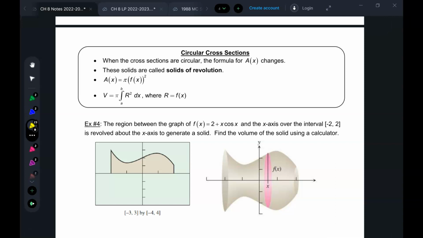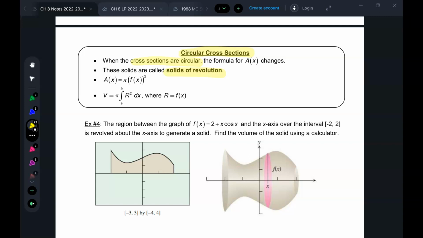All right, now we're going to do rotations. Okay, so circular cross sections. This is when all of the cross sections are circles, so we're not working with triangles, squares, or any of those other shapes. These are called solids of revolution. So how do you find the area of a circle?